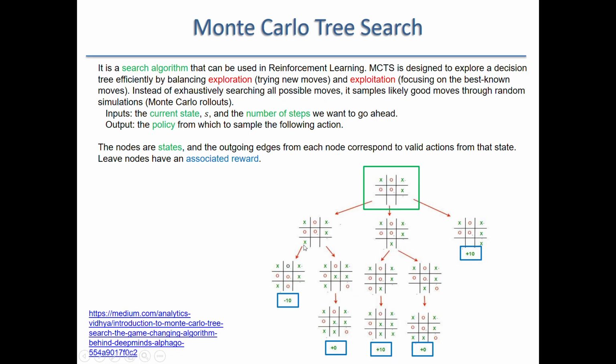If we put it there, then there could be a circle there, which is minus 10, or there could be a circle there, which is not finished yet. And then we have only one position left for the cross, that would be this one, that is plus 0. So from the current state, we explore a little bit the next states further.